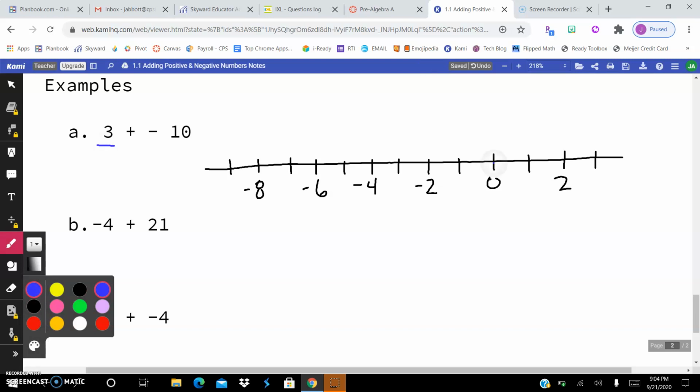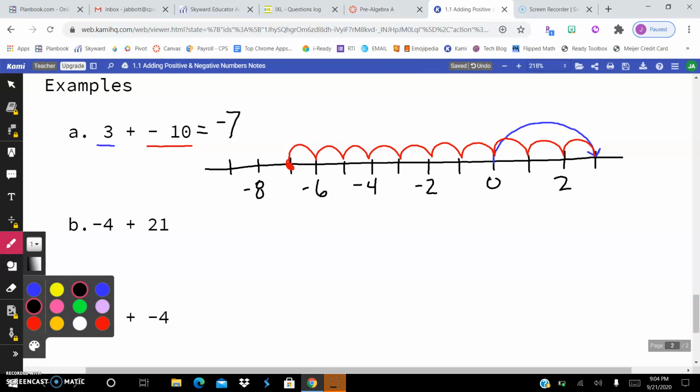So we're going to go to 0 and we're going to jump to +3. Then our second number is a -10. So what that means is we're at 3 and we have to go backwards 10. The negative means backwards. So 1, 2, 3, 4, 5, 6, 7, 8, 9, 10. And we end up right here, and that is at -7. So the answer to this question would be -7.